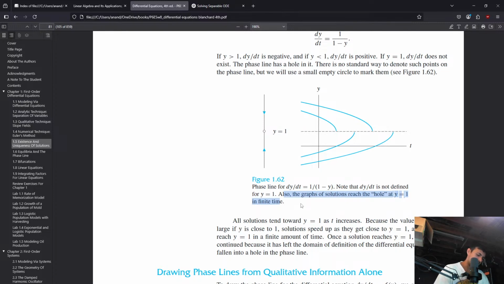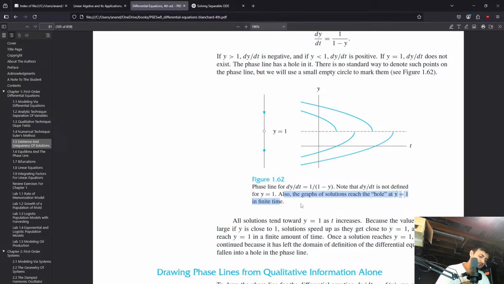Maybe we can do minus 1/2 of 1 minus y squared. So we multiply by -2, so we get 1 minus y squared is equal to -2t. Then we square root, and we get 1 minus y is equal to the square root of minus 2t.